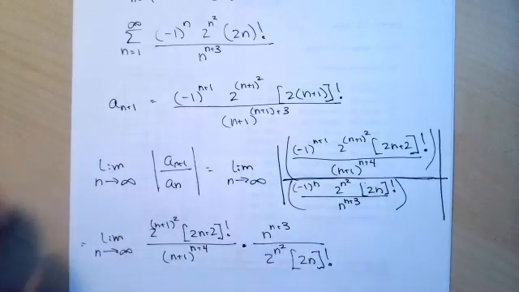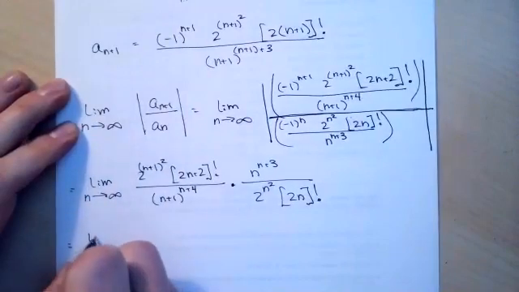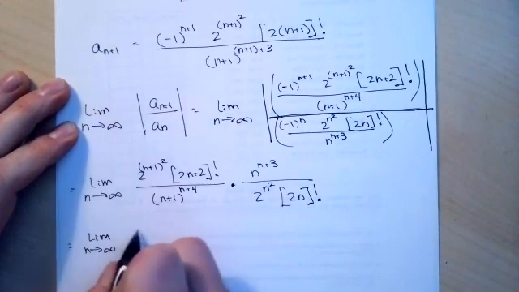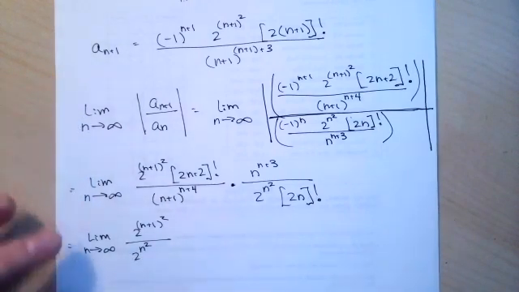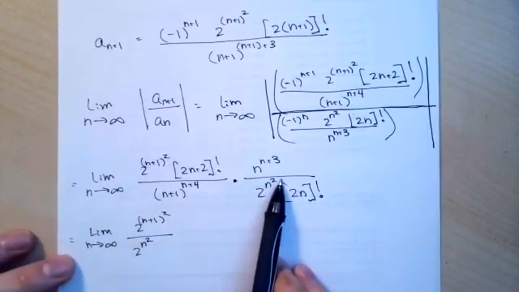And now we've got to do the algebraic skills to simplify this. So again, to do it in steps, to be careful, let's put everything that is similar over itself. I've got 2 to the n plus 1 squared and a 2 to the n squared.